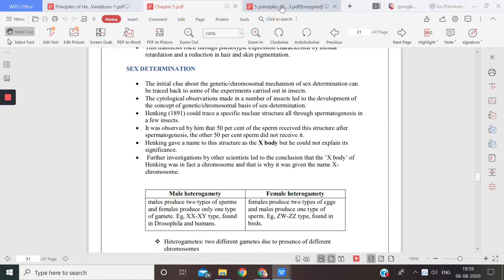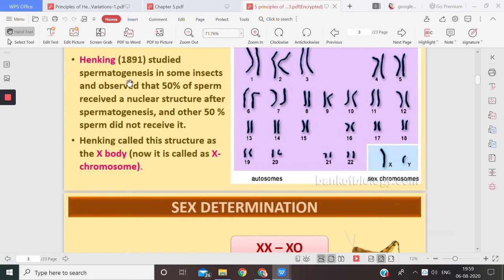I'll show you one more example here. You see what Henking said. Henking in 1891 said that during spermatogenesis in some insects, only 50% of the sperms received a nuclear structure, and the other 50% did not receive the nuclear structure.